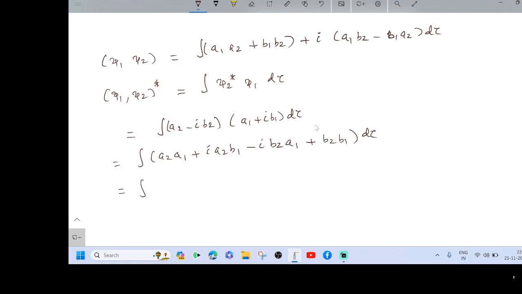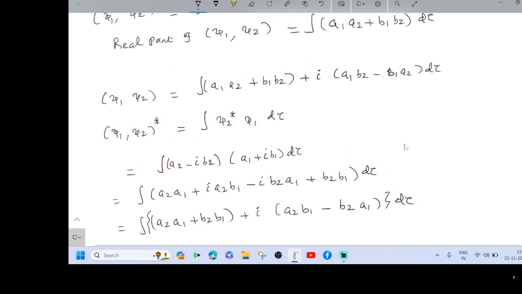This is the integral of a2 a1 plus b2 b1 plus I into a2 b1 minus b2 a1, entire multiplied by d tau. Here also we have a bracket.